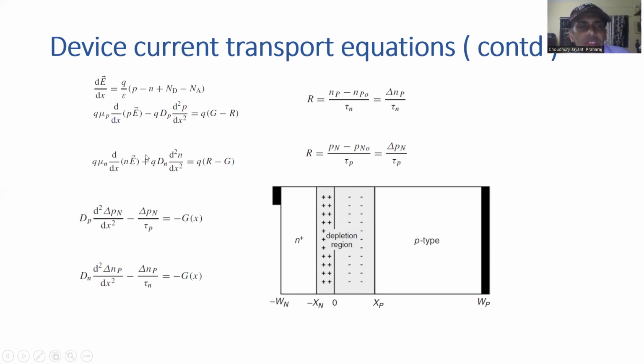We have the hole terms and the hole equations and the electron equations. These equations basically all go into determining the kind of current density profile in these materials as a function of position, and in determining the net current that flows in these devices.